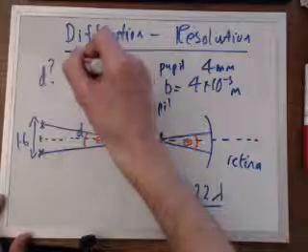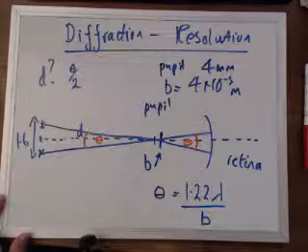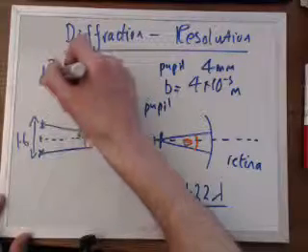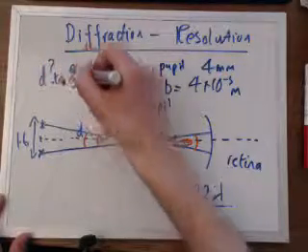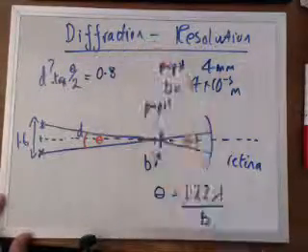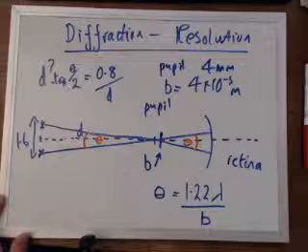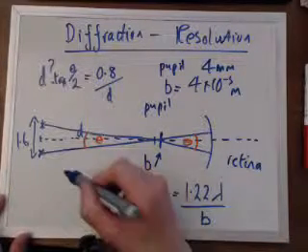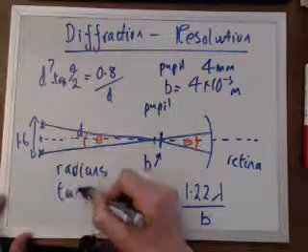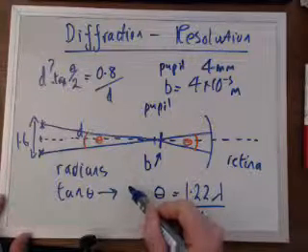Now if you go to theta over 2, what we find is that the tan of theta over 2 is opposite over adjacent, which is half of 1.6, so 0.8 divided by D. Now, in radians, for small angles, tan of theta and sine of theta tend towards theta.